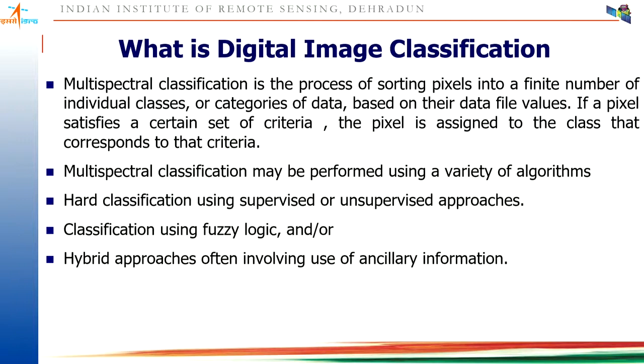There are various algorithms using which we can perform digital image classification. These algorithms can basically be divided into hard classifiers and soft classifiers. Hard classifiers are those in which the pixel is either attached to a particular class or it is not attached to that class.